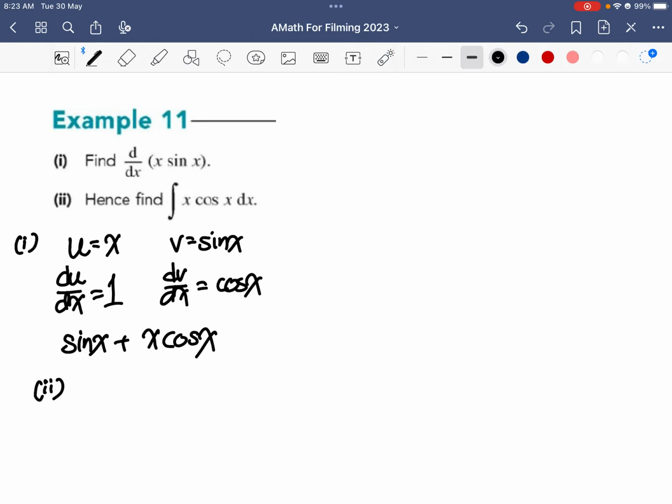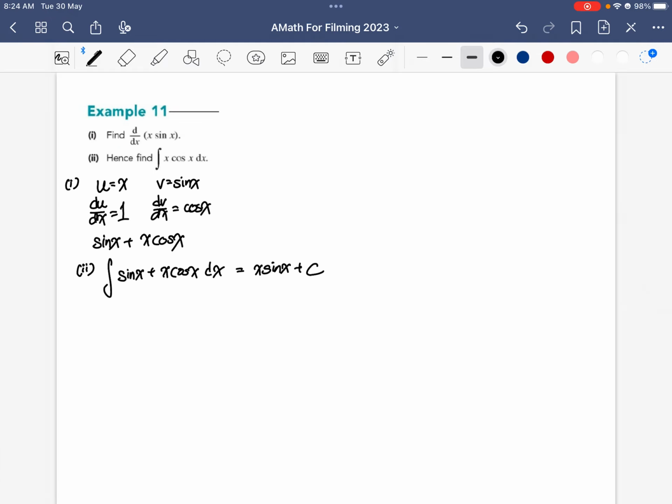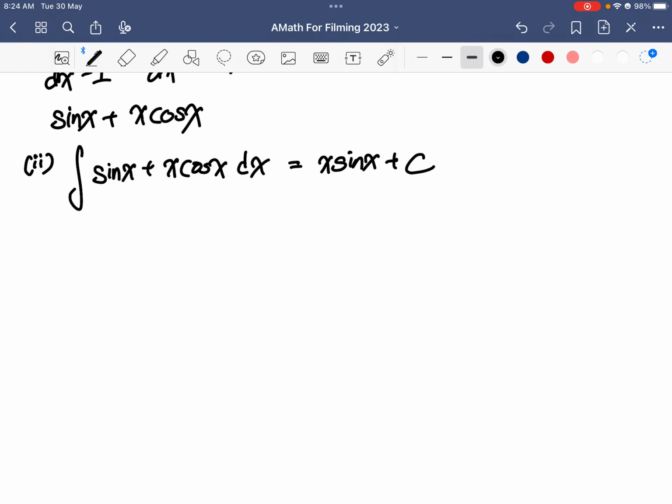So how do we write this down? What I will say is, if I integrate sine x plus x cosine x with respect to x, what I will aim to get is x sine x plus c. Okay, so far?